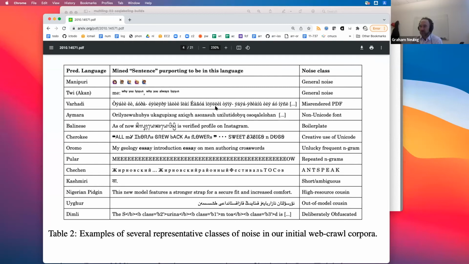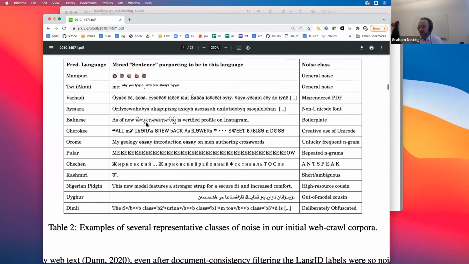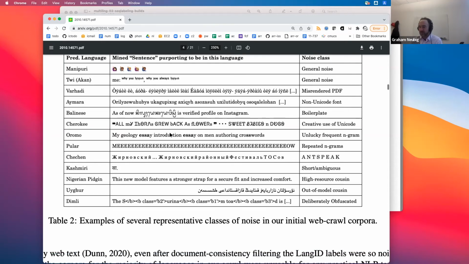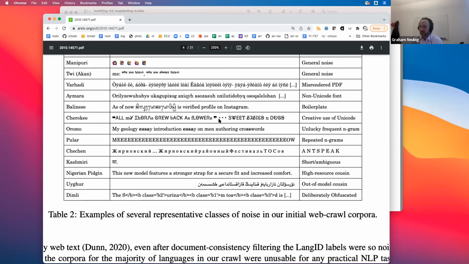A misrendered PDF was classified as Farsi. The non-Unicode font, I'm not sure what this was. It's a non-Unicode font, I guess, written in this way. Here, this was classified as Balinese, but it was just boilerplate. This was also English, but it was written in the Cherokee script for stylization.